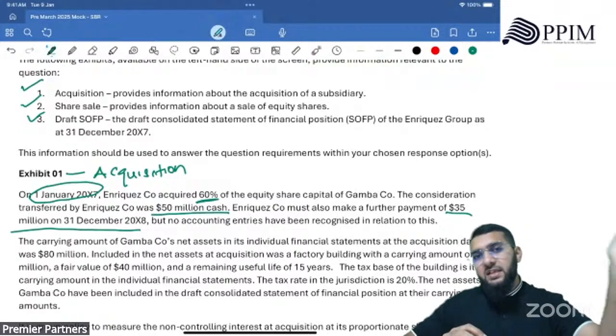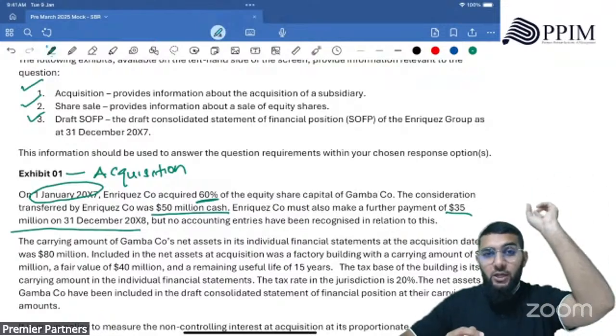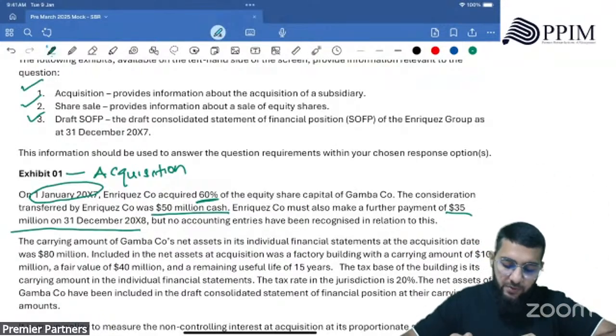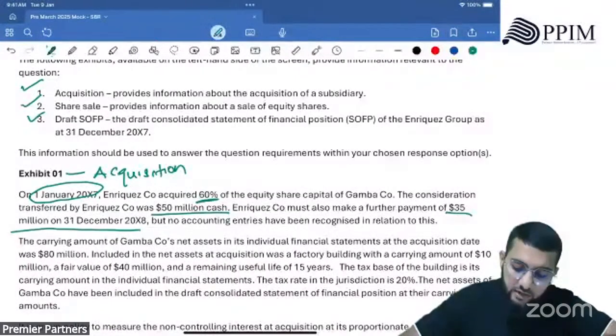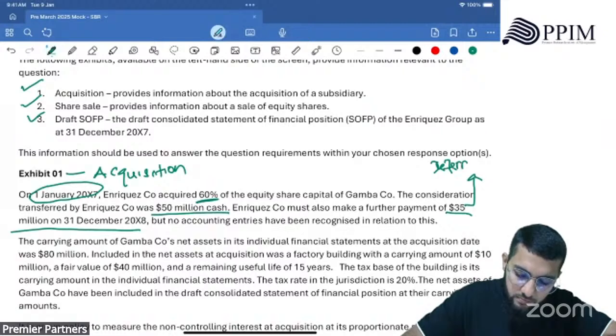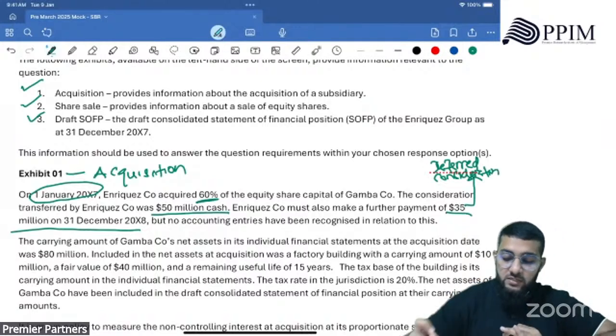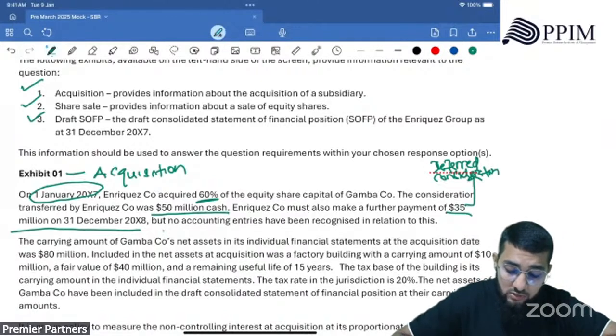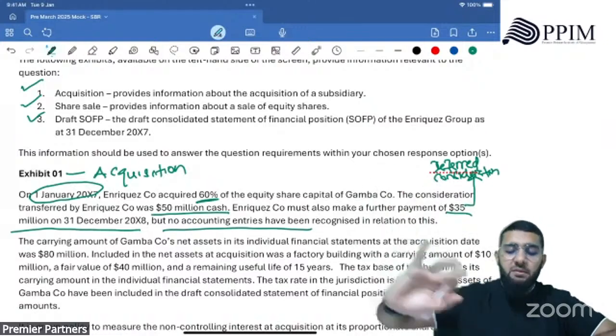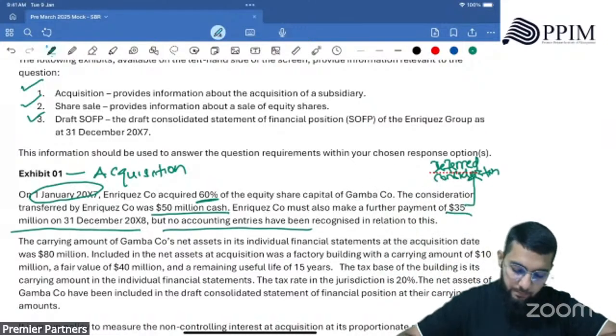So 2087 is year 1, 2088 is year 2. The end of the second year is where you are making the payment. So that makes it a deferred consideration. And they are saying no accounting entries have been made, meaning that has been completely eliminated. So that's issue number 1.